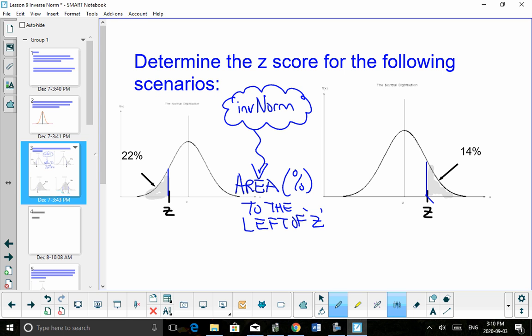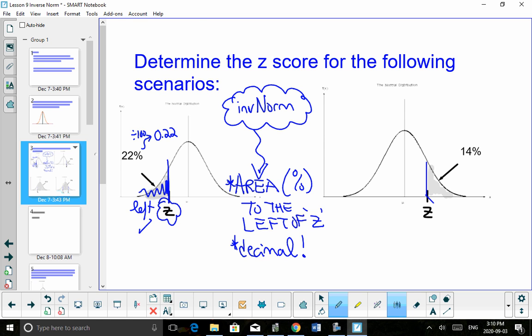And the second thing is we have to plug it in as a decimal. So the way we would do this is to convert 22% to a decimal. If you can't do it in your head, you would just divide it by 100 on your calculator and you would get 0.22.